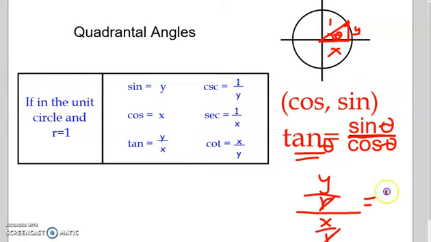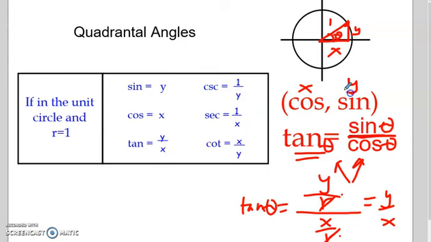I'm left with just y over x. So tangent is the same as sine over cosine. That's what this rule is saying here. Okay, so cosine is your x value and sine is your y value on this unit circle.